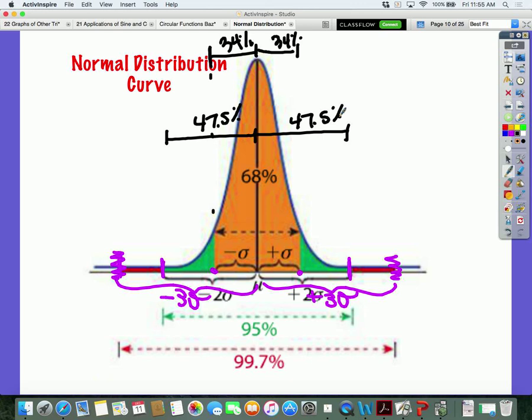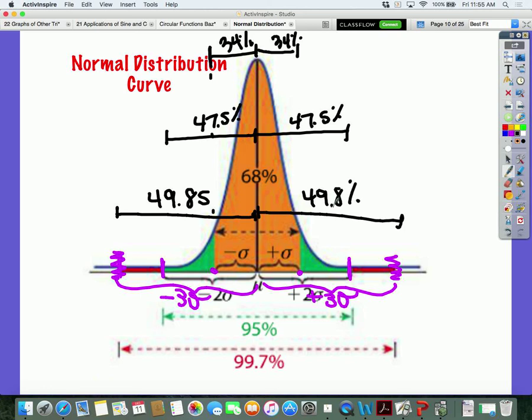From 3 standard deviations to the mean, what? So if you can just remember these probabilities for 1 standard deviation, 2, and 3, so the orange, the green, and then the red, and also that the mean cuts it in half, you will also be able to figure these out.